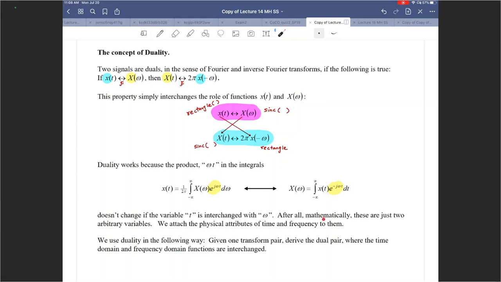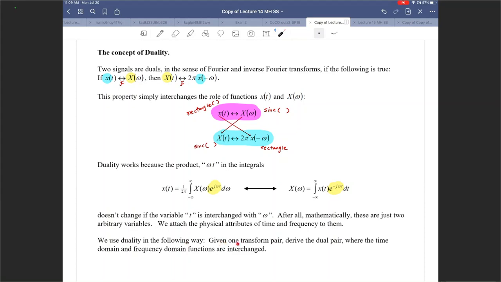So mathematically, these are just two arbitrary variables, t and omega. We are attaching time and frequency attributes to them. But mathematically, they are just two variables, t and omega. You can interchange them. So we are going to use the duality in the following way.